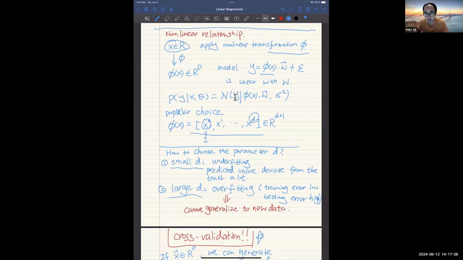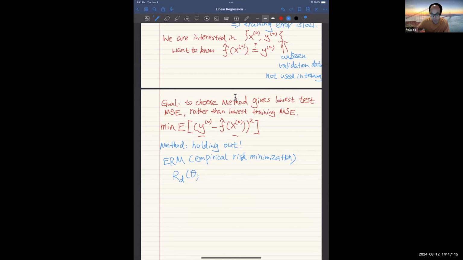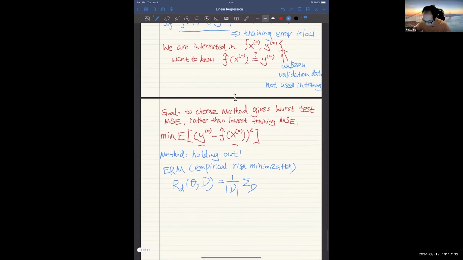Theta is the parameter, and we have the data, which is D. So this is 1 divided by the absolute value of D, which is the cardinality of the set, times the sum over all possible situations for the D, then L of Y, of F D of X of theta here.